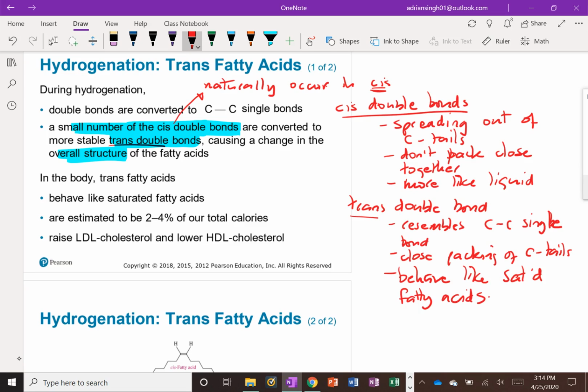All right, and what they actually do, these trans fats, or these trans fatty acids, they actually raise a particular type of cholesterol known as the LDL cholesterol, which stands for low density lipoproteins. So LDLs, and you can consider these, you probably heard the term bad cholesterol.